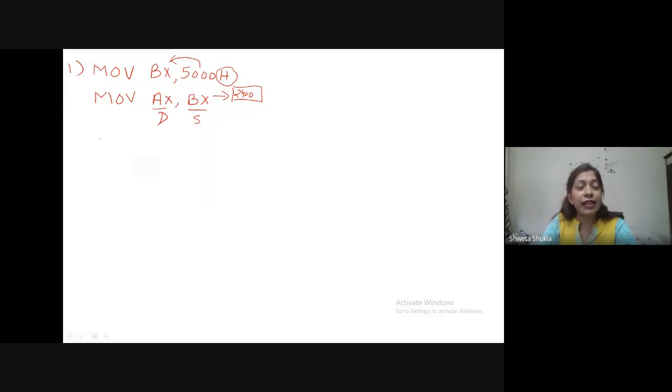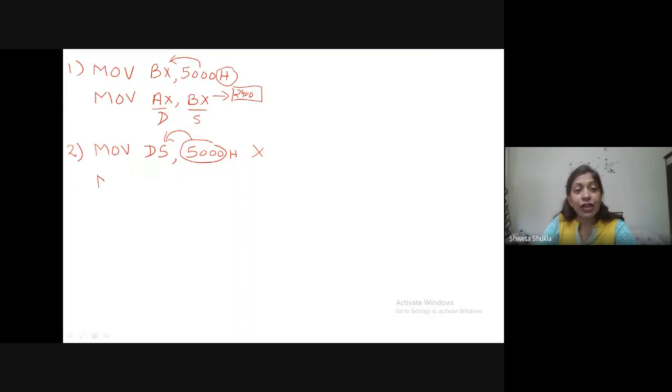Remember this. Now I'm giving you a few examples which are not at all allowed for MOV in the 8086. For example, if you write MOV DS, 5000H, remember that an immediate value is not allowed to be transferred into any segment register. So this kind of instruction is not allowed.